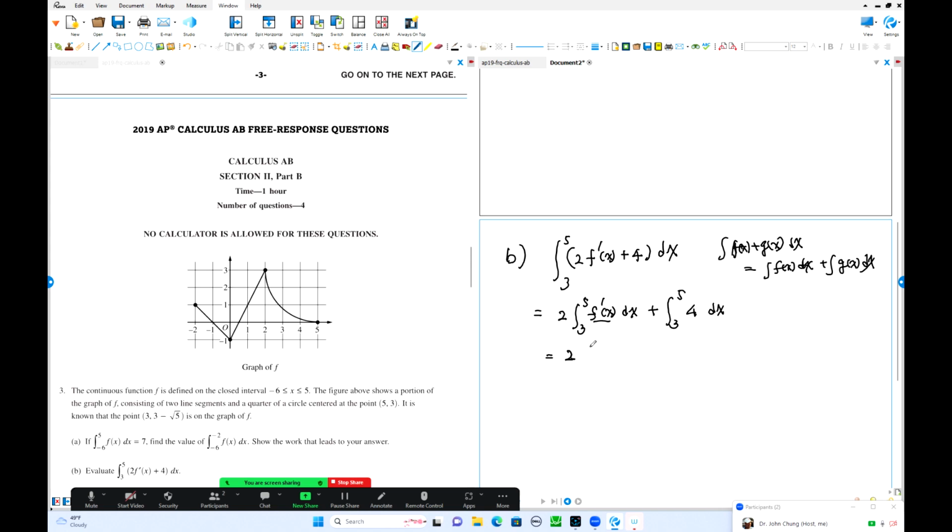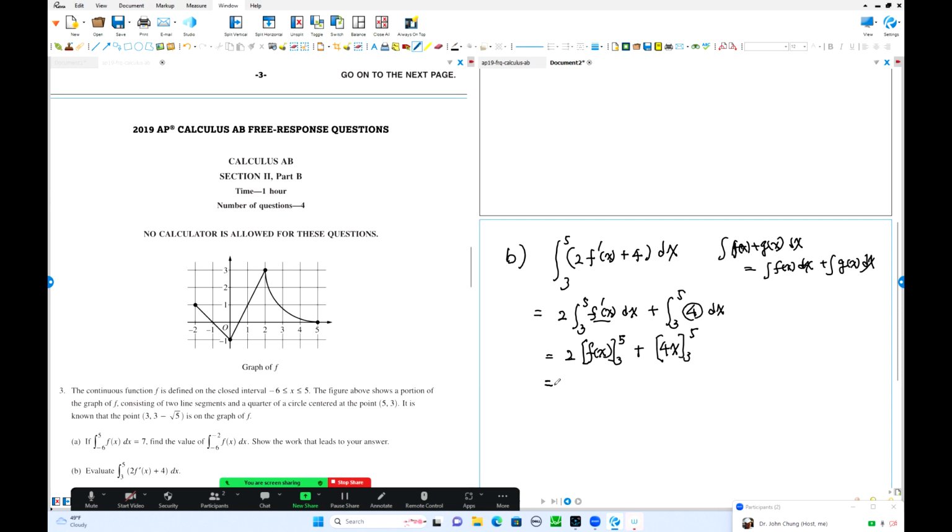So 2 times f(x), we take from 3 to 5. And the antiderivative of the constant 4 is what? 4x, and you take it from 3 to 5. That's it, okay?